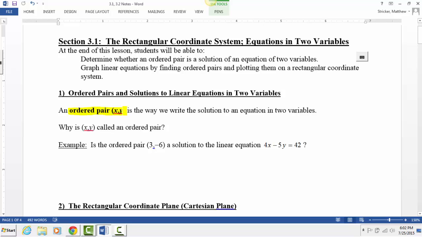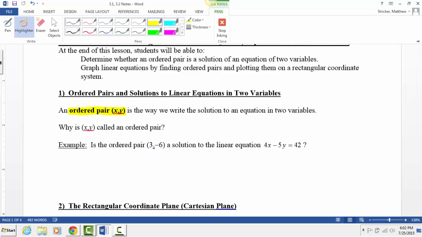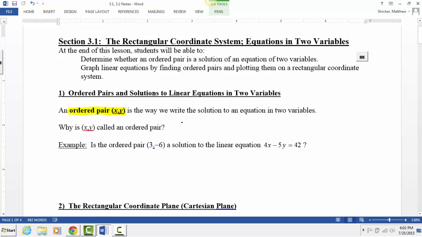We typically refer to it as an ordered pair, and in that name, ordered pair, there's two words that are important there. The first there is ordered, because order does matter. Order matters. And the reason why I say that is because always x comes first.